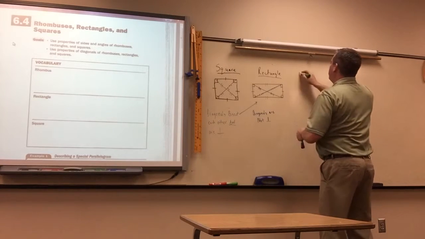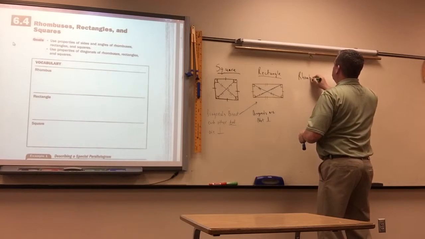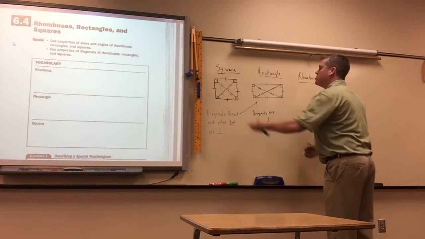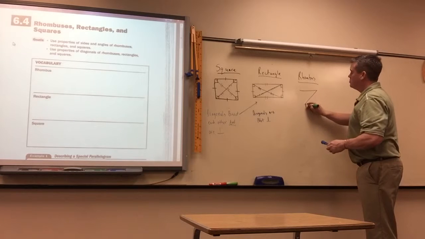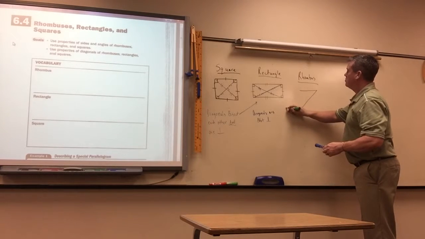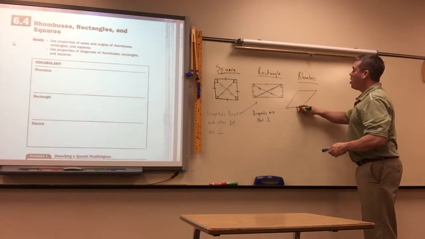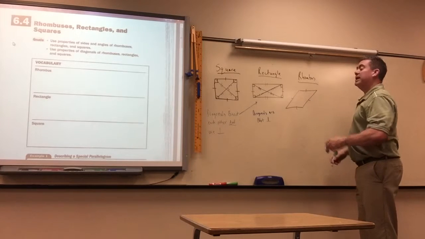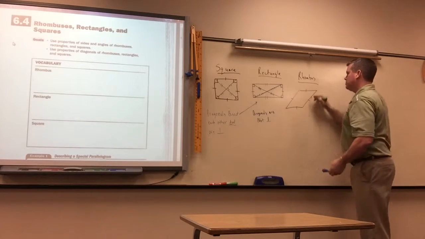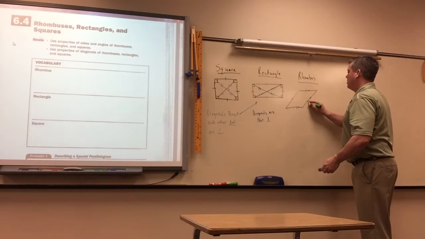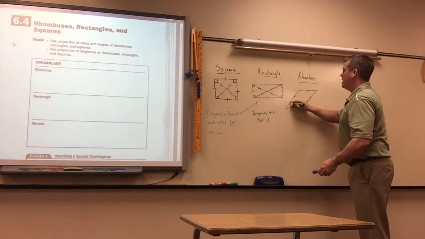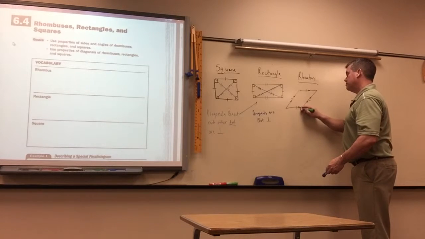And then a rhombus is like a square that's been tipped. It's like a diamond. All four sides are equal and parallel. So they would have the little triangles on there.